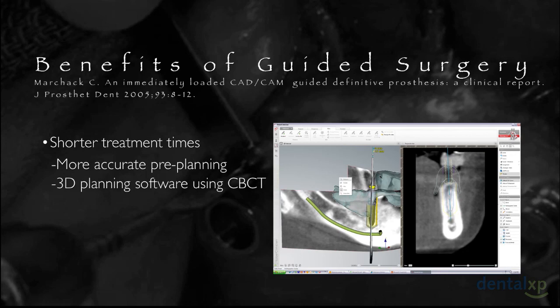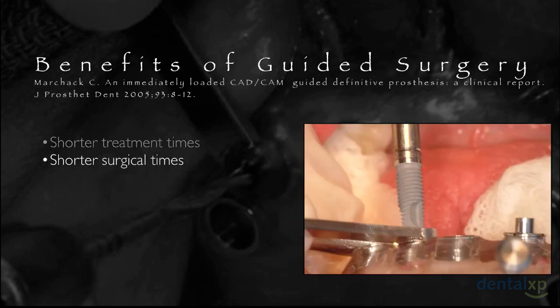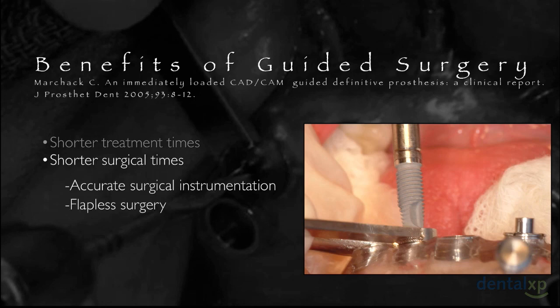This information is so important in regards to our treatment planning, especially from a restorative standpoint, so we understand where the prosthesis needs to be and the position of the implants can be placed. We have shorter surgical times, and that's because of the accurate surgical instrumentation that's been created. Maybe it's because of flapless surgery, so faster healing, and it truly goes back to the more precise 3D planning with the use of cone beam CTs.